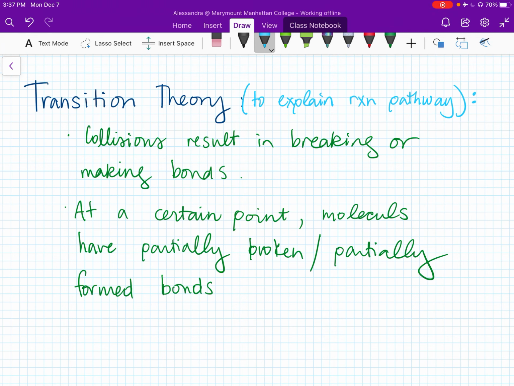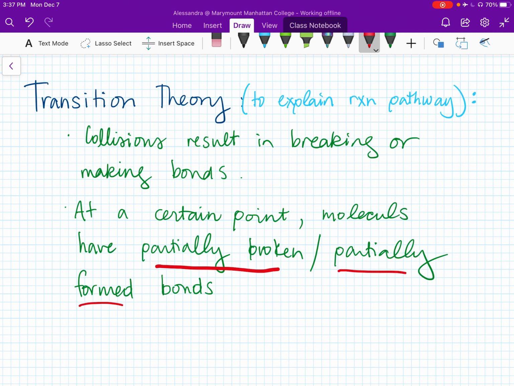So transition theory holds that, just as collision theory before it, collisions result in making or breaking bonds. Okay, it's reactants colliding together that is going to make the reaction happen here. Now, at a certain point in your reaction, molecules will have partially broken bonds. So the reactants will have partially broken bonds on their way to becoming products, and the products have partially formed bonds.